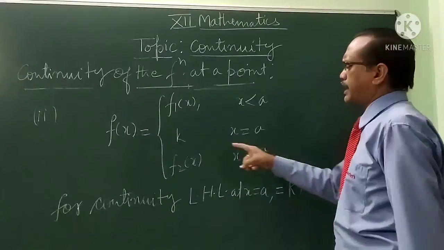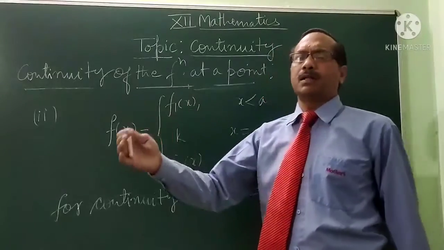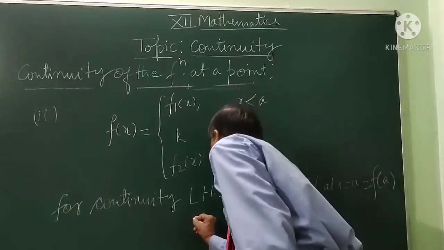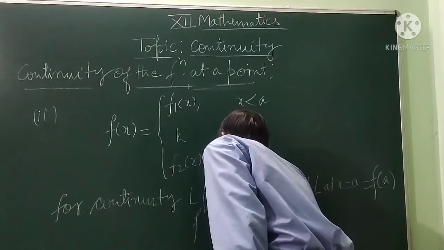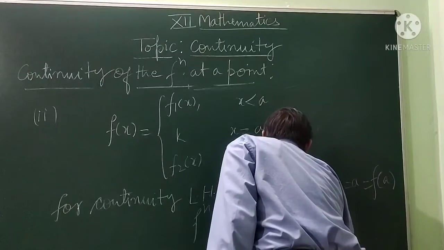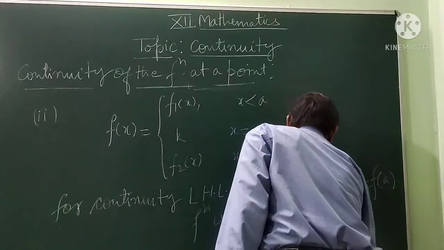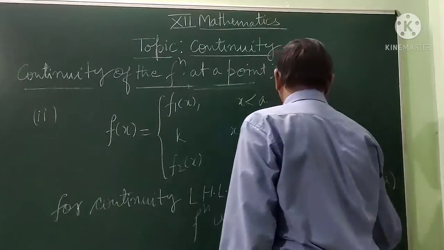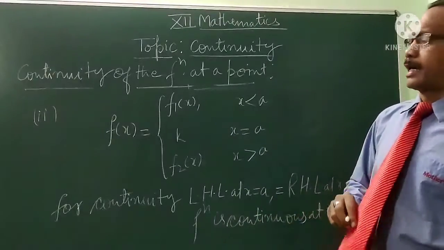When all three are equal, then the function is continuous at x equal to a.